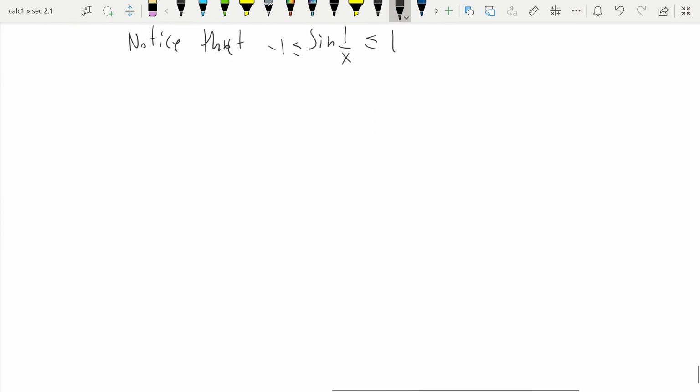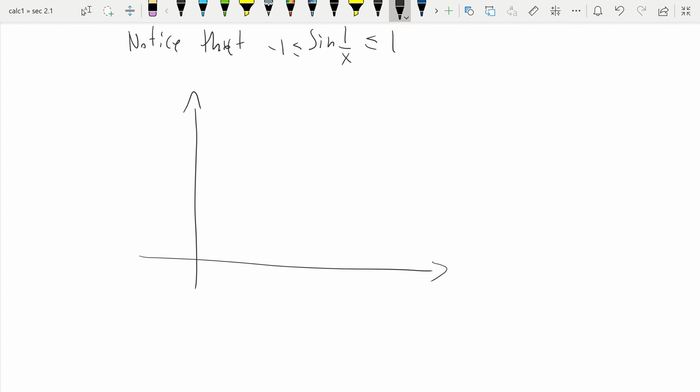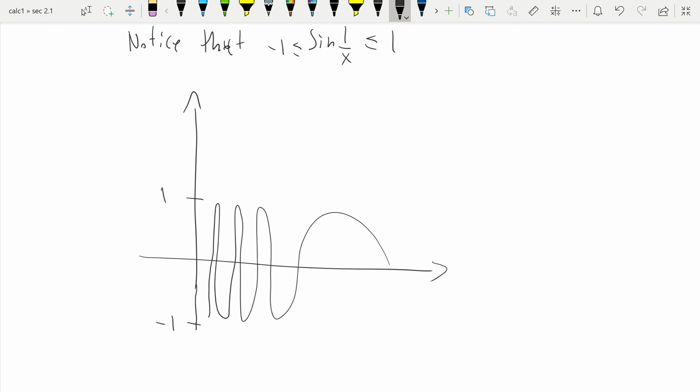However, if you look at the graph of the function, sine is a function that oscillates, so this is 1, say, and this is minus 1. So what happens is after you get closer and closer to the origin, the function sine of 1 over x starts oscillating more and more, between minus 1 and 1. So that means it is not approaching anything.